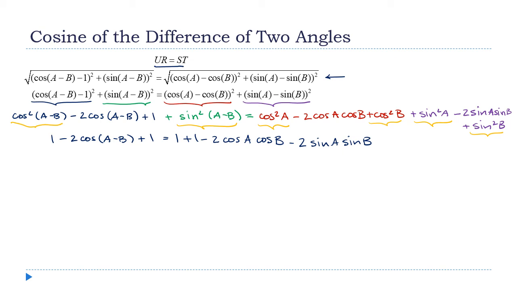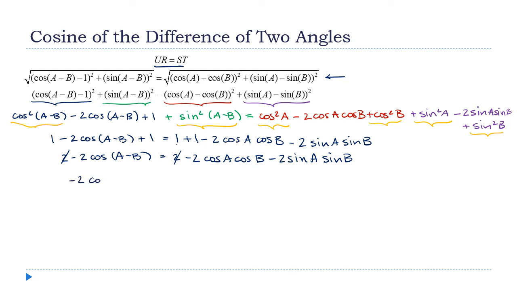We're almost there. Actually, it's going pretty quickly. On the left-hand side, I've got 1 plus 1. That's 2. Let me write it, I don't want to skip too many steps. This is 2 minus 2 cosine (A minus B) equals, combining these two 1's together, 2 minus 2 cosine A cosine B minus 2 sine A sine B. Subtract 2 from both sides, eliminate these 2's.